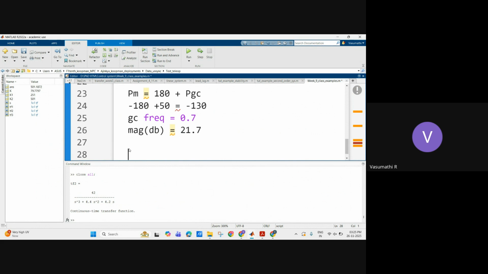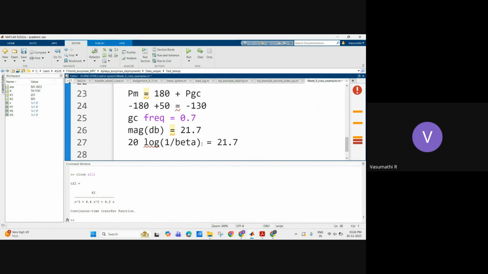Now, they are asking for the beta value. How is this related? 20 log of 1 by beta equal to your magnitude. This is your, sorry, gain margin, right? When you shift the lag compensator, this should be equal to the magnitude at which your gain crossover frequency happens.